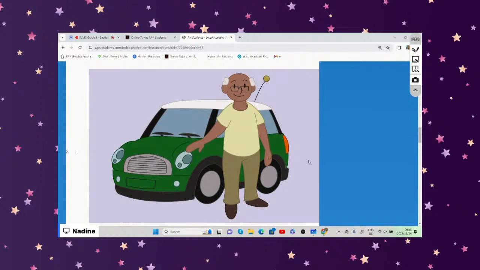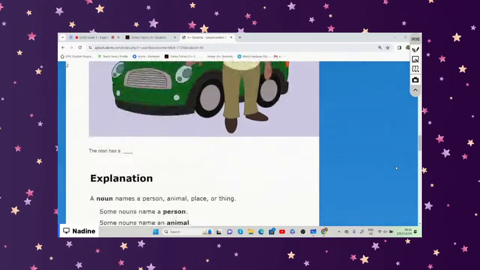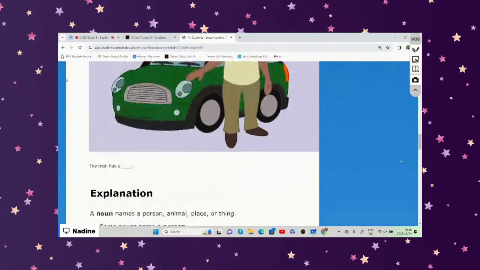He does not have a hat. Yes, he's got a car, right? When you say a green car, then the word green describes the car. It's like an adjective. So we can just say that he has a car.